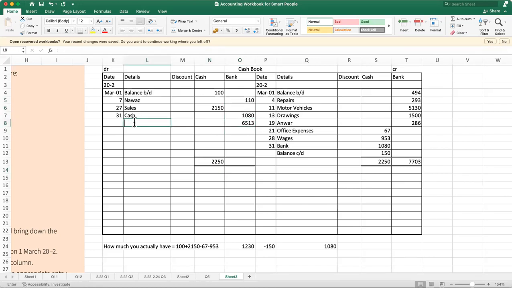And I write balance carried down. If you ask again saying that, hey, why would I have two balances? Is that correct? Yes, it is. You can have two balances because, like I said, it is a combination of two accounts. So here we're going to write April 1st, balance brought down. Only for the bank, I'm going to write it here. What happened to the cash? Well, this one has to be on the other side here.